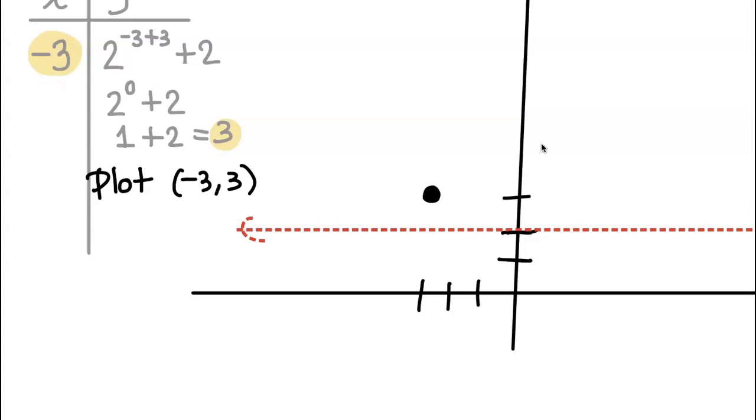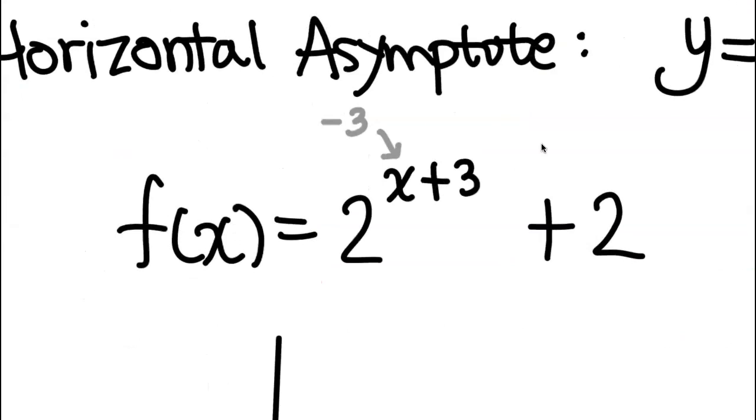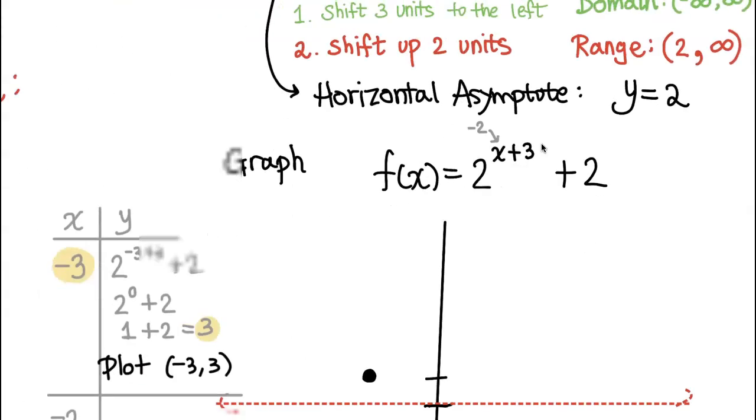I'm going to plot just one more point, okay? What if I plug in, this time, negative 2? And again, you can pick any x values you like, but I'm thinking that if I plug in negative 2 here, notice negative 2 plus 3 will just be 1. So that will be an easy small number for me to evaluate.